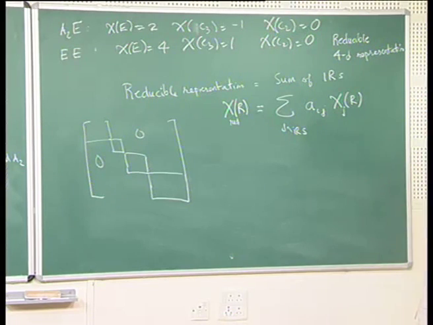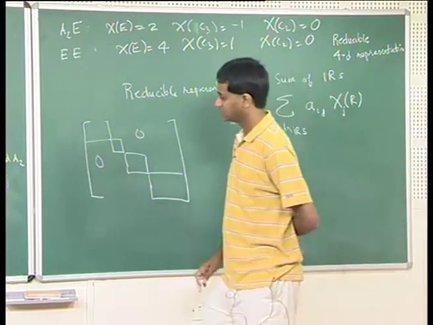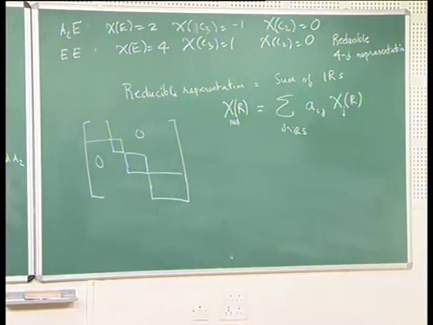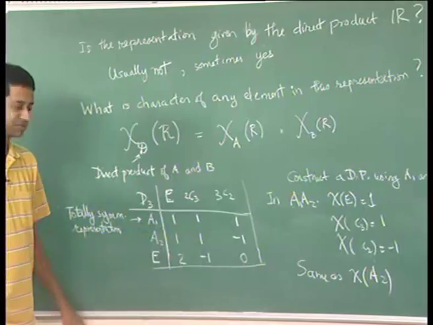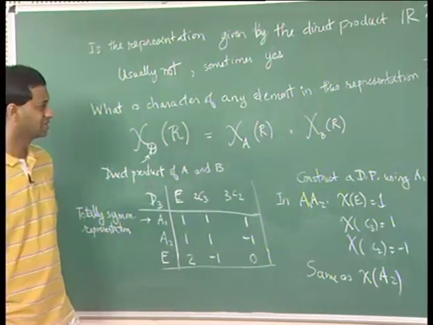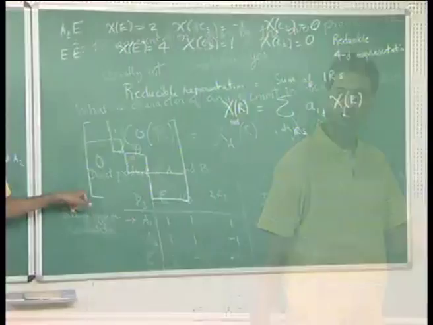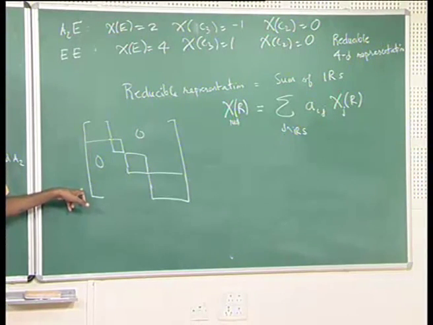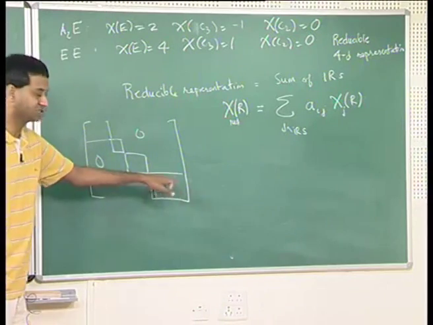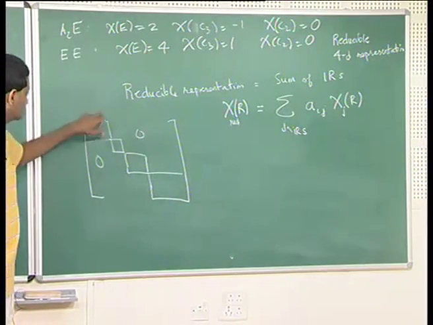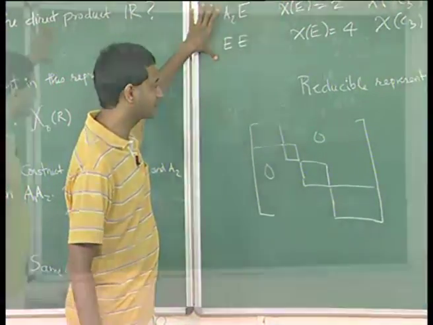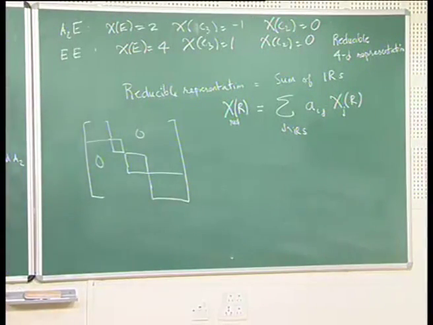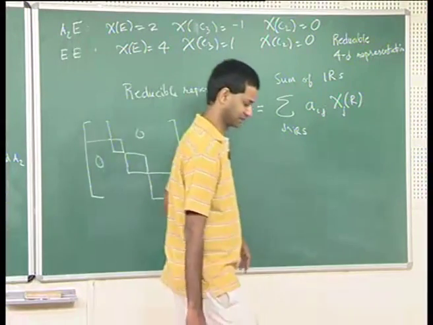The point I want to make here is that only a certain number of representations can be written as direct products, though all representations can be written as sums of irreducible representations. This is generally true for any representation. The direct product is only true when you construct your reducible representation using direct products.